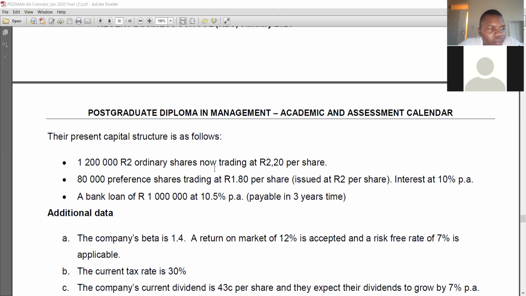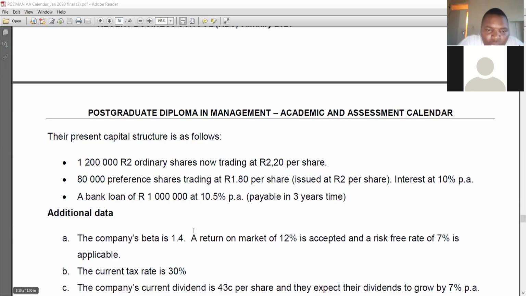And then the second step, you calculate the cost of capital for each form of capital: bank loan, debentures, preference shares, ordinary shares.